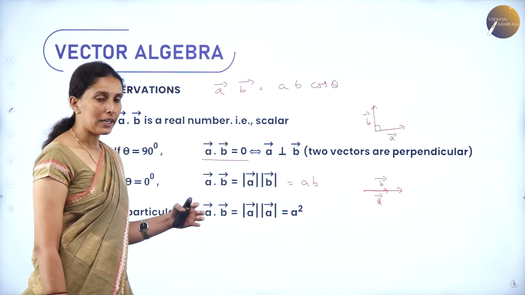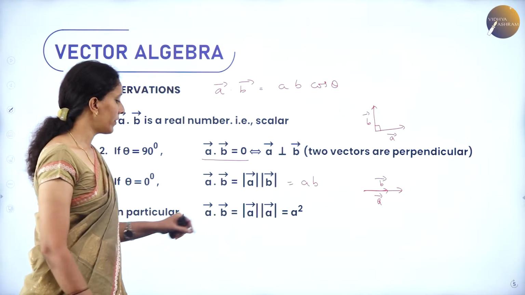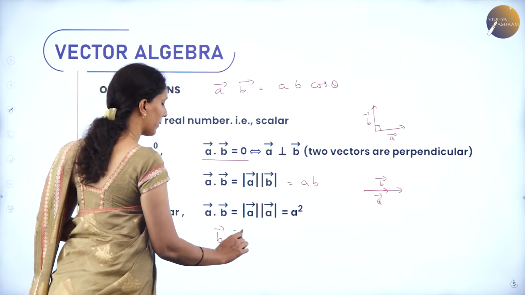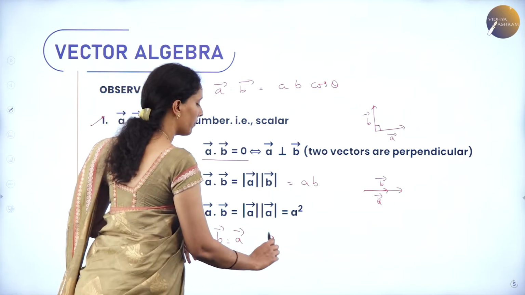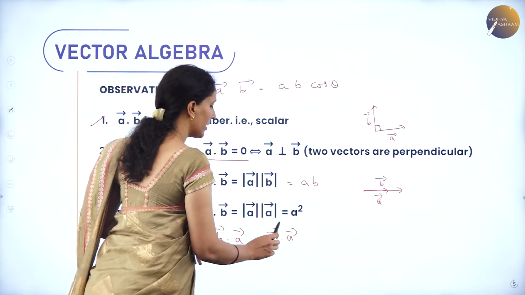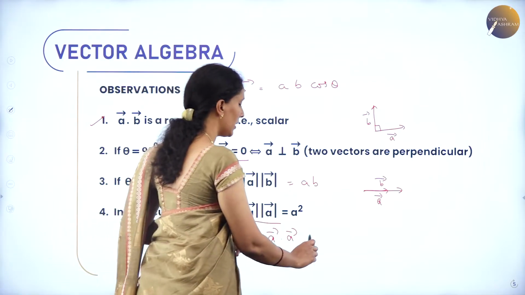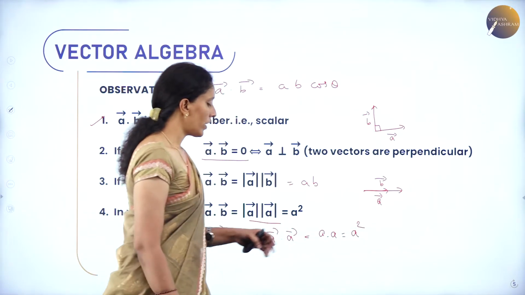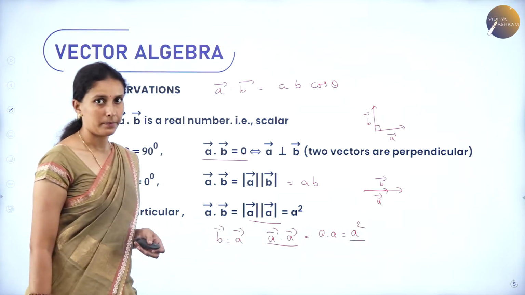In particular, if vector B is equal to vector A, then what happens? A dot A, that is vector A dot vector A, is equal to A into A, which is A squared. So in general, A dot A is nothing but A squared.